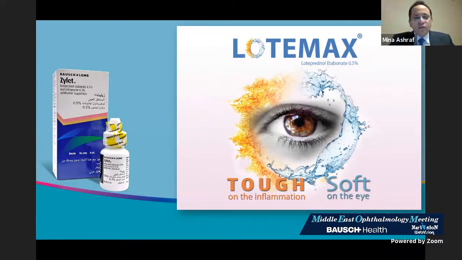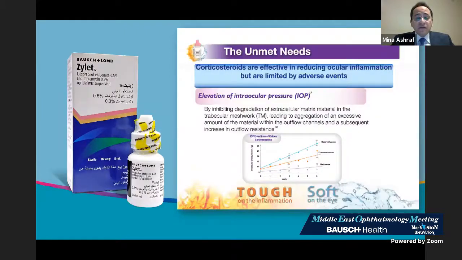The unmet need with current corticosteroids is that, although they are very effective in reducing ocular inflammation, they are limited by their adverse events, which include elevation of intraocular pressure, because corticosteroids inhibit the degradation of extracellular matrix material in the trabecular meshwork. This leads to aggregation of an excessive amount of these materials within the outflow channels and a subsequent increase in outflow resistance.